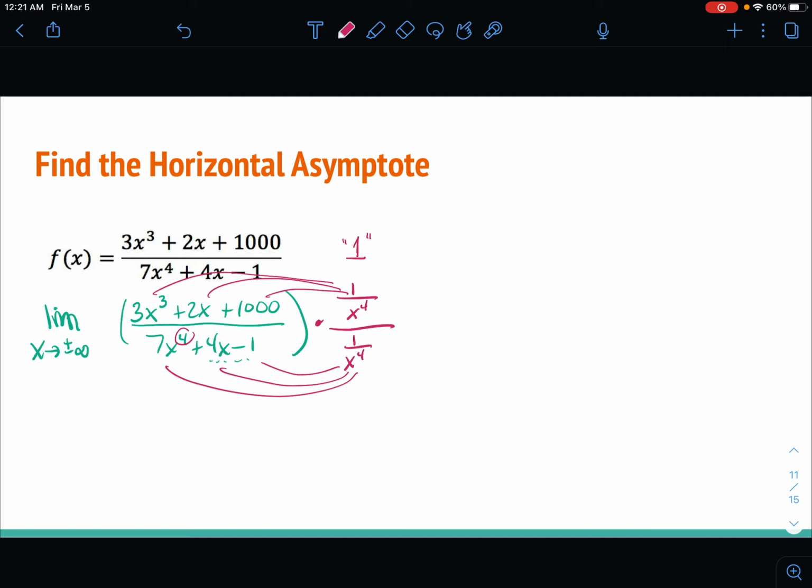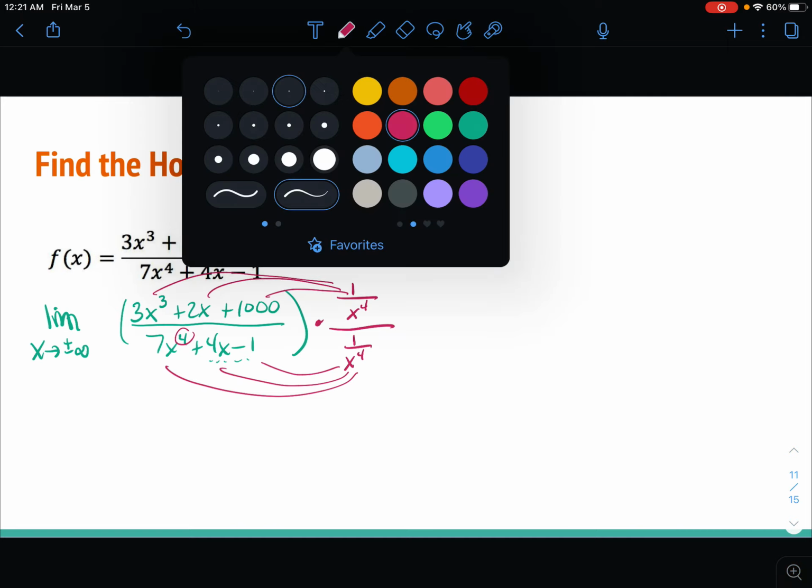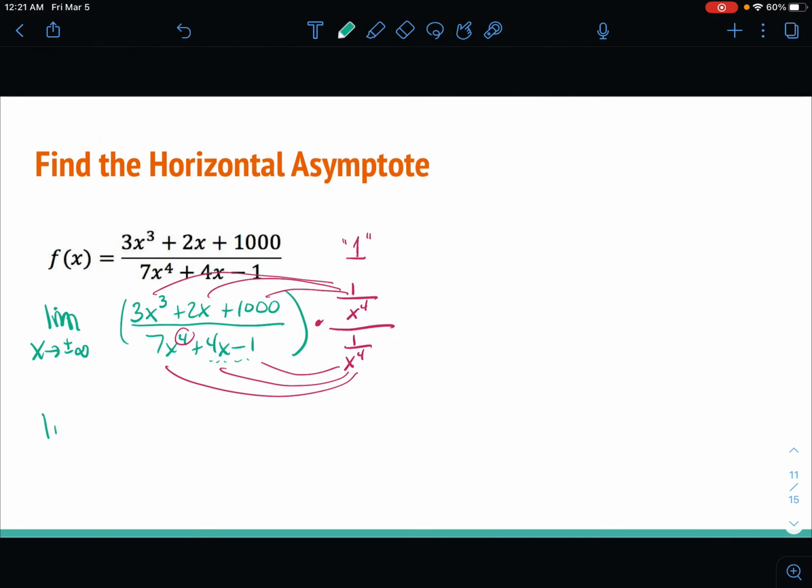Now, some things are going to start happening here. So let's take a look. We're looking at the limit, what's happening here with that limit. And when I distribute this, I'm going to get 3 over x plus 2 over x cubed, because of course we're canceling where we can, plus 1,000 over x to the fourth.